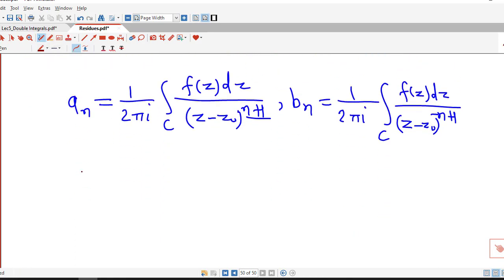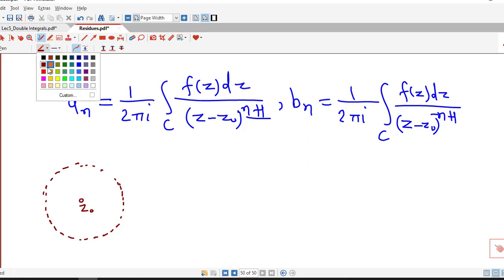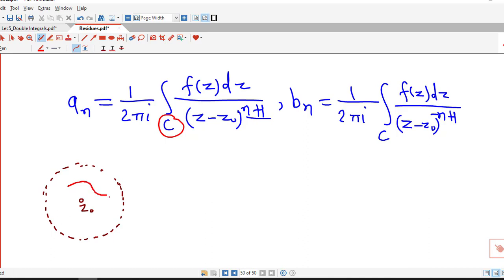Now this C is the positively oriented simple closed contour which lies in the deleted neighborhood of z0. Suppose this is the deleted neighborhood of z0, then this C is the simple closed contour which lies in this deleted neighborhood.